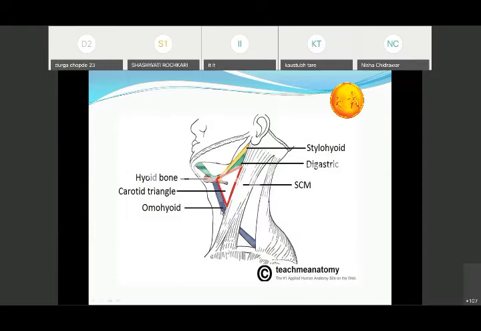That is the superior belly of omohyoid, and this will be the inferior belly of omohyoid, which is present in the posterior triangle. The superior belly of omohyoid is present in the anterior triangle. So in this figure, you can appreciate this will be the carotid triangle, which is the largest subdivision of the anterior triangle.